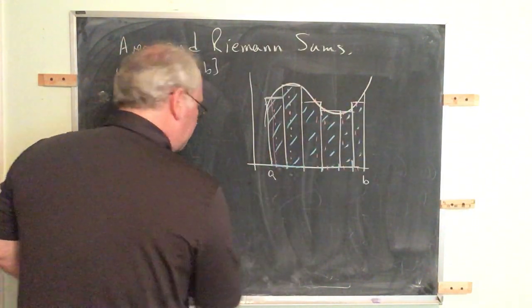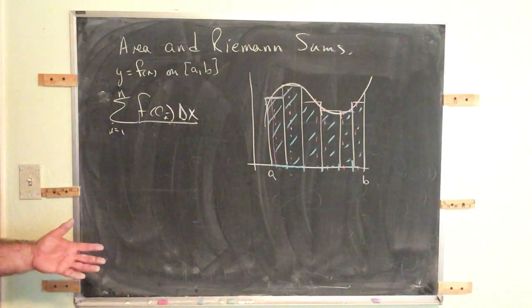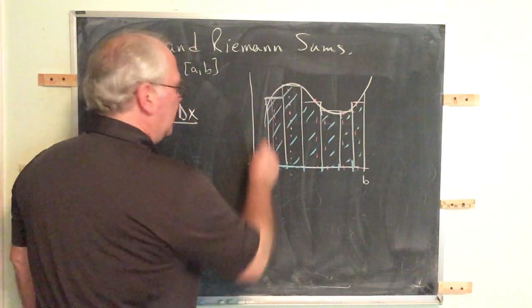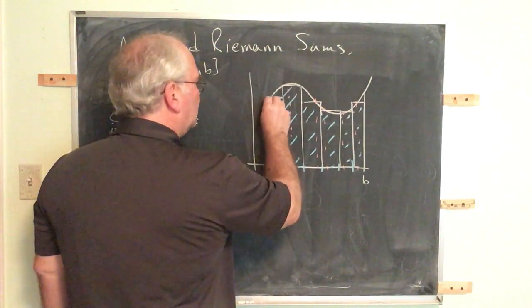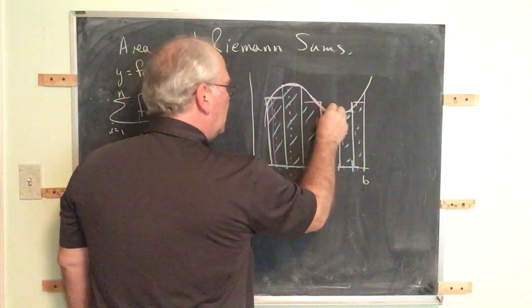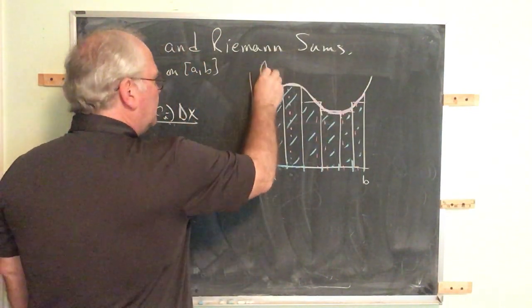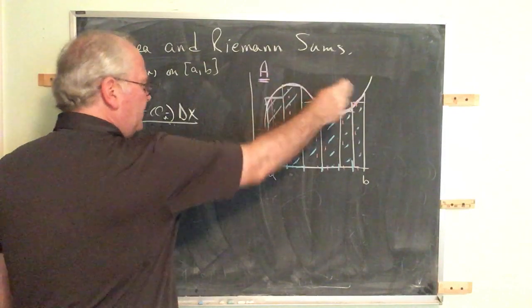Now here's why intuitively it makes sense. Suppose we want to find the area of the entire region under this smooth curve. Let's call that A. That's the area of the entire region.